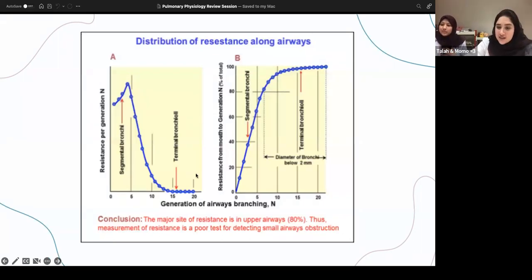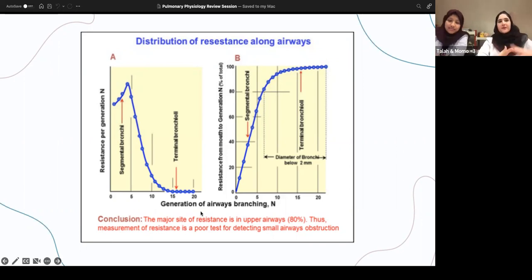As you can see, the resistance in the beginning starts to build up from the first generation until about generation 5, and then it decreases rapidly. The most important thing is the sentence the doctor says here: the major site of resistance is in upper airways, 80%. Thus, measurement of resistance is a poor test for detecting small airway obstruction.